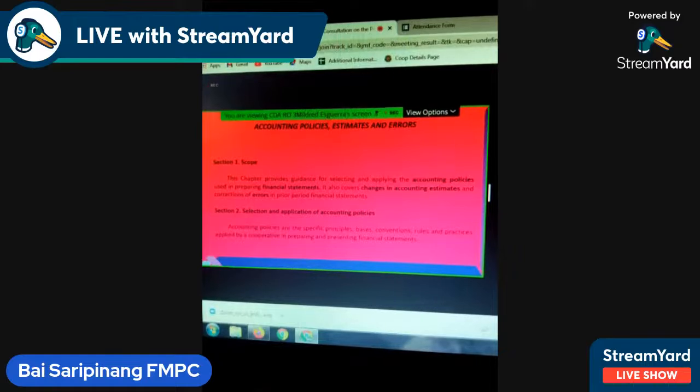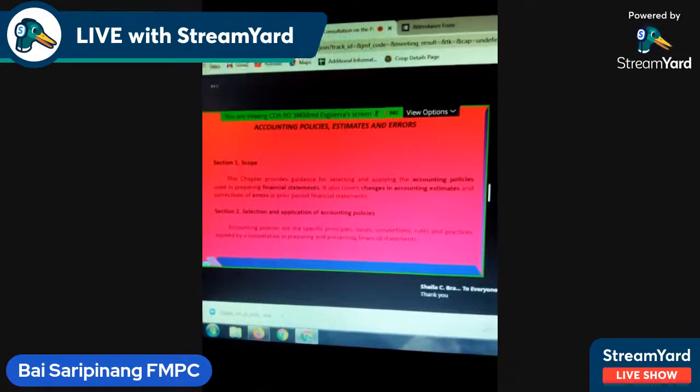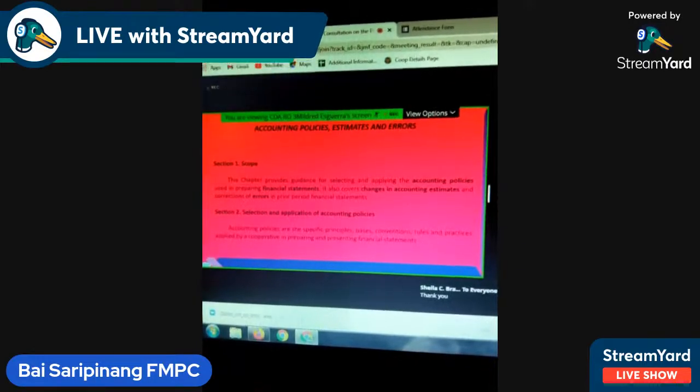And dito po sa ating BFRF, first, in selection and application of accounting policies. These are, of course, specific principles, bases, conventions, rules, and practices applied by a cooperative in preparing and presenting financial statements.